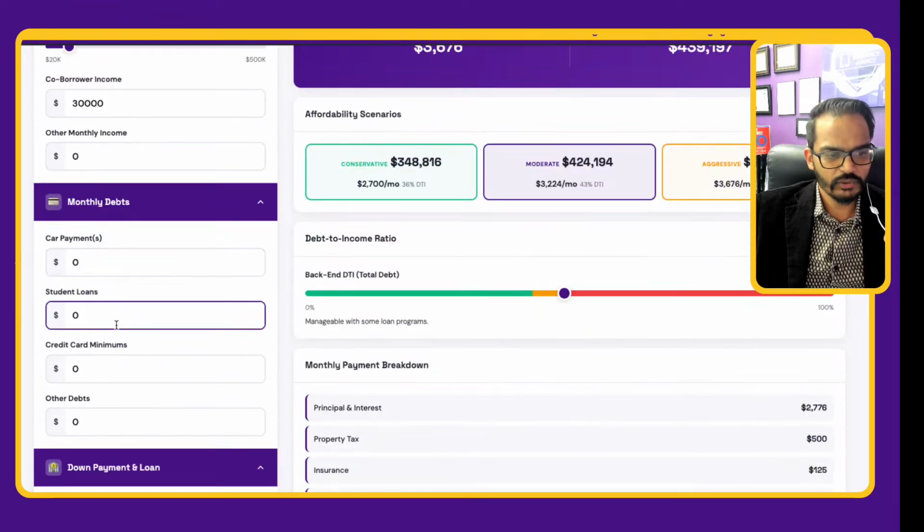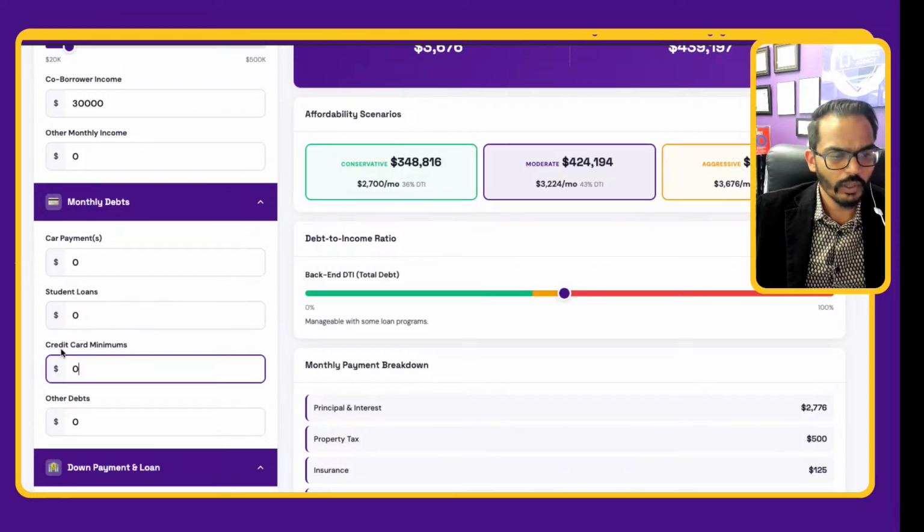Next we have the student loans. Not everybody will tell you what the student loans are or the amounts, but it will play a big role in your monthly liability. When it comes to credit cards, right, we're not looking at their full credit card balances. So for example, if the credit card limit is $5,000 and they're using $1,000 of it, right?